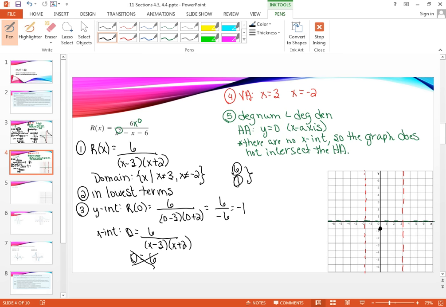Again, think about multiplicity. Now, we don't have any x-intercepts. We have vertical asymptotes. Do you see how you got this factor here one time and this factor here one time?